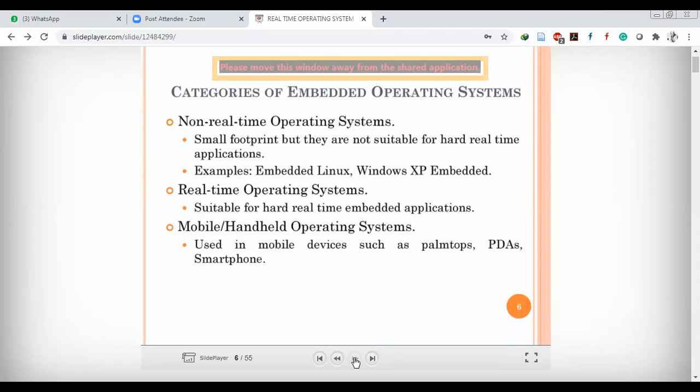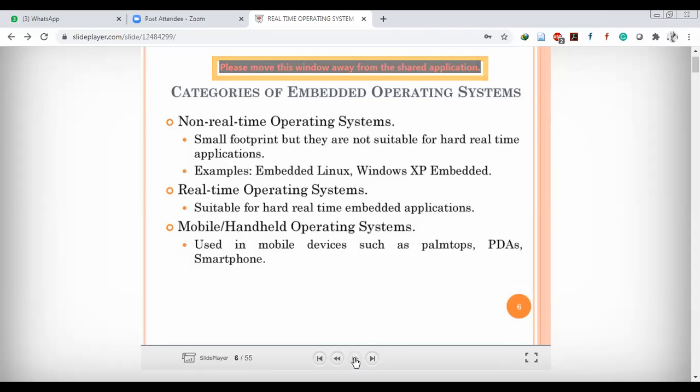Examples: embedded Linux, Windows XP. These are some of the examples of non-real-time operating systems.